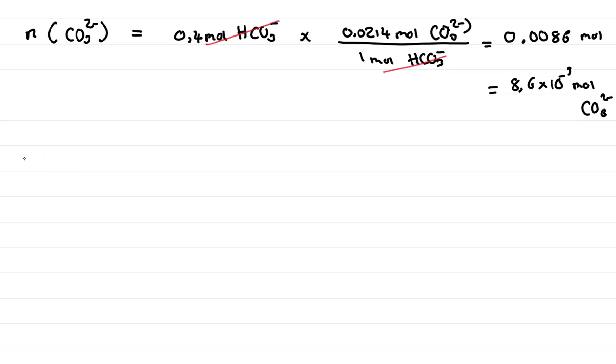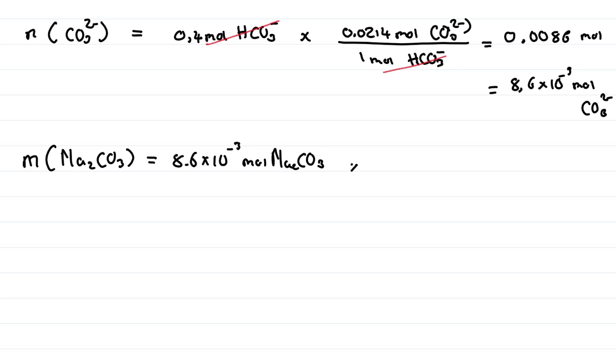So the mass of sodium carbonate is equal to 8.6 multiplied by 10 to the power of negative 3 mole of sodium carbonate, multiplied by the molar mass of sodium carbonate, which is 106 grams of sodium carbonate divided by 1 mole of sodium carbonate.